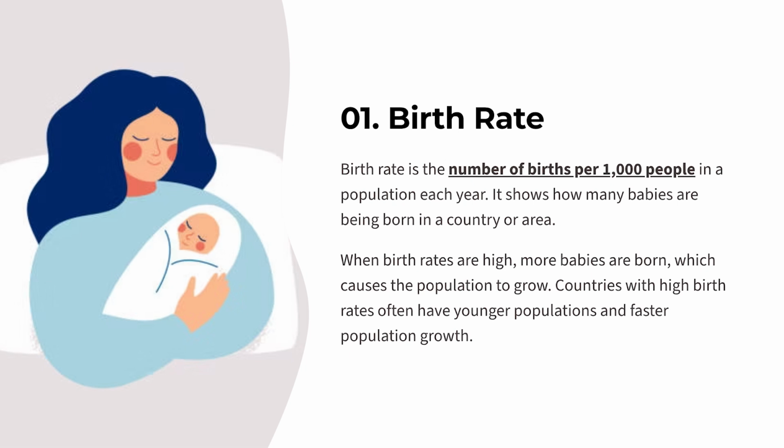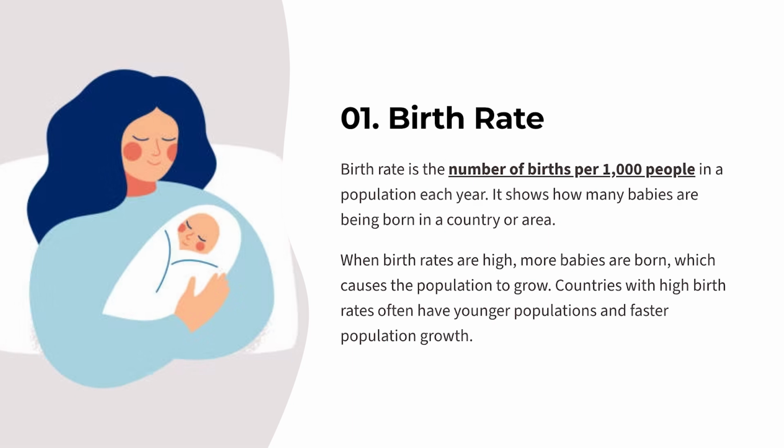For example, many developing countries, including Ghana, have higher birth rates because families tend to have more children. In short, a high birth rate means more children are being born each year, and that leads to a bigger population. But what causes high birth rates in a country?